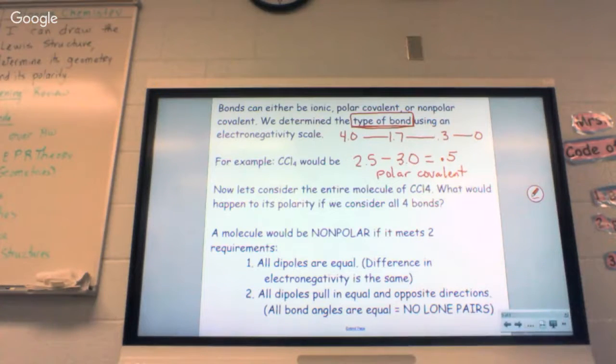On the central atom. If there are no lone pairs on the central atom, then the bond angles are equal, and the dipoles are pulling in equal and opposite directions. So you're essentially checking for 2 things: are the dipoles equal, and are there no lone pairs? If you have those 2 things, then it's non-polar.